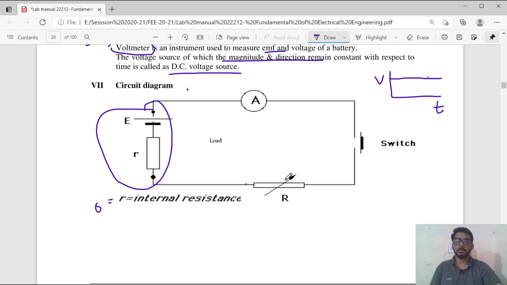This is the variable rheostat, which may be used as a load, and this is an ammeter, and we can apply a voltmeter across this part to read the voltage across the load. This is the simple circuit diagram.